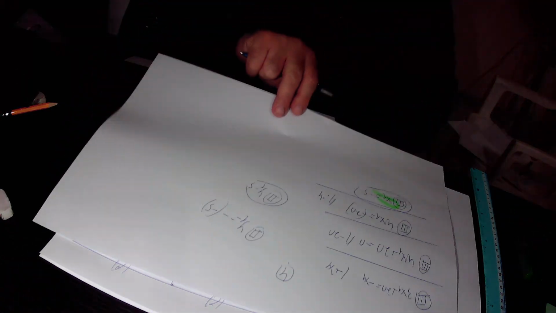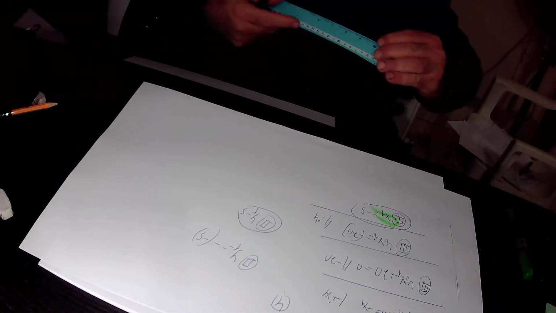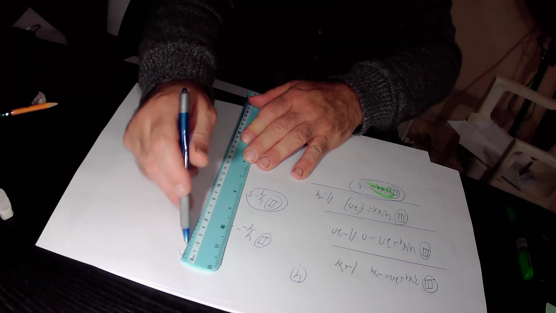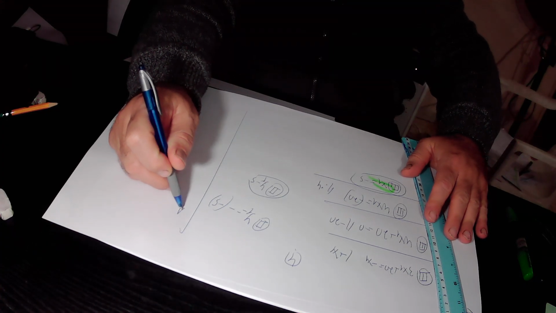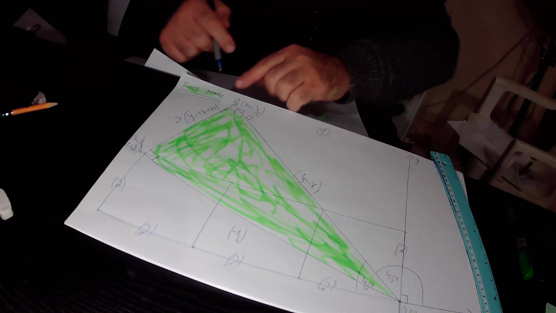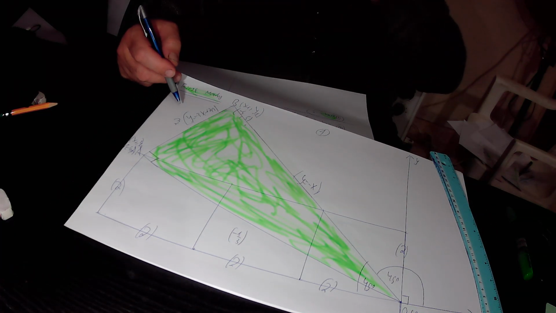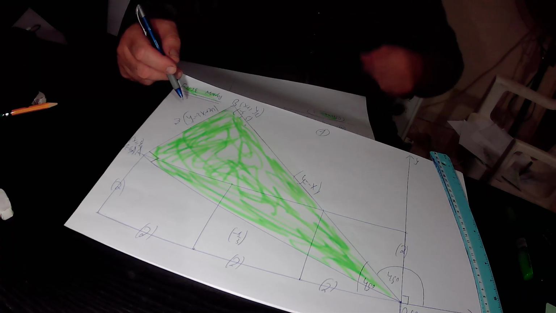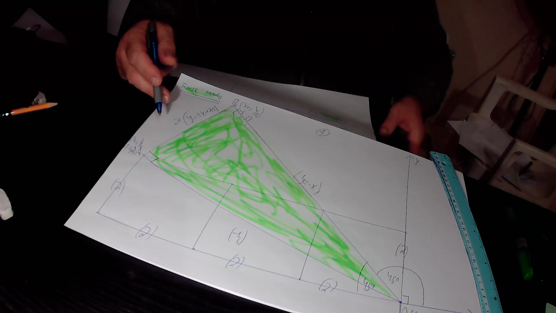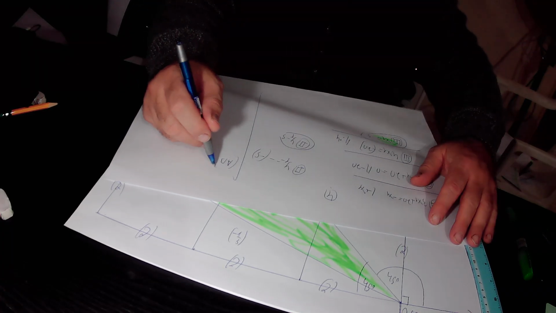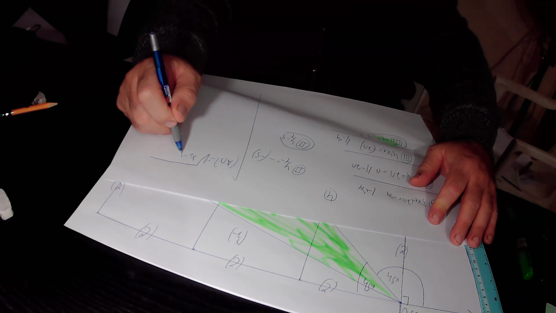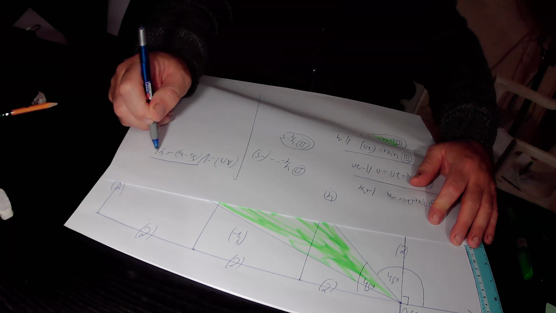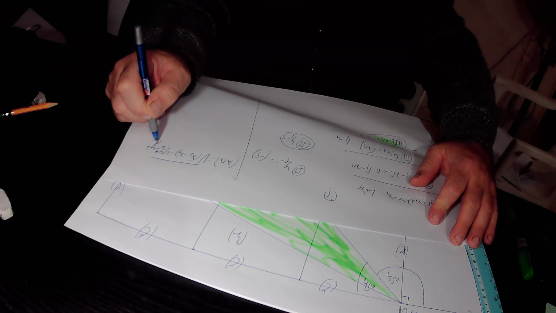So according to the new formula, the distance between points A and B, actually also the left side AB of the green triangle ABO, equals the square root of x2 minus x1 squared plus y2 minus y1 squared.